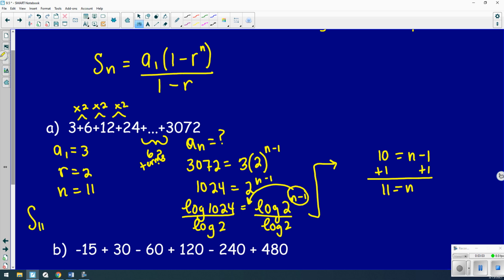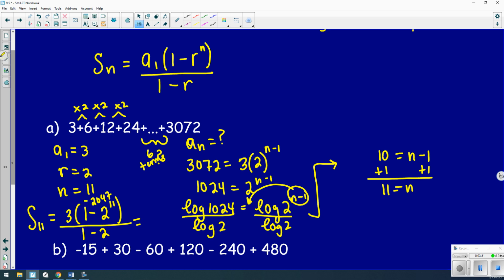So the sum of the 11 terms will be equal to 3 times the quantity 1 minus 2 to the 11th, over 1 minus 2. So 1 minus 2 to the 11th is negative 2047. I'm multiplying that by 3, and then I'm dividing it by negative 1.